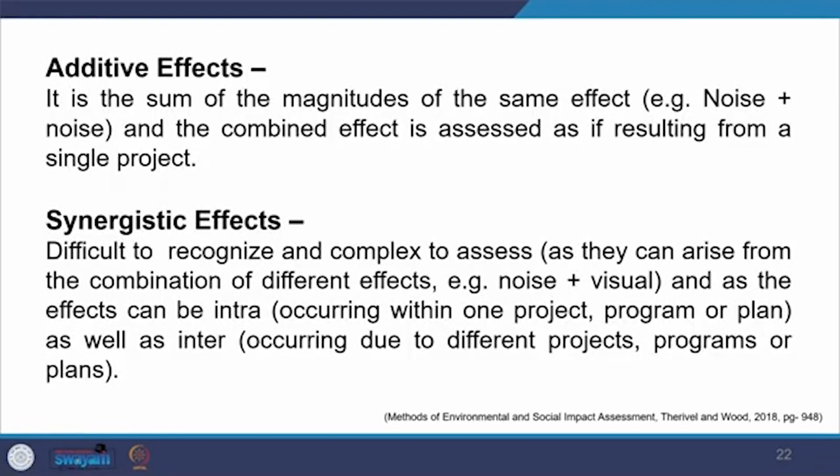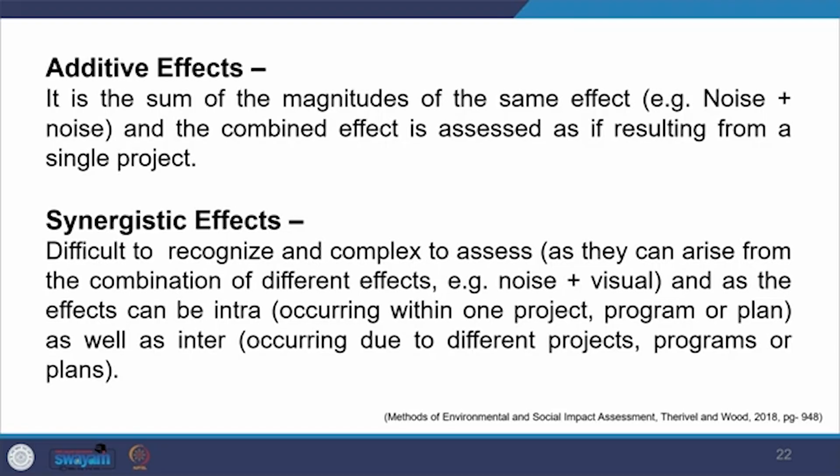Now looking at additive effects, you might pay attention here. It is the sum of magnitudes of the same effect. So when we say additive effects, if we are dealing with noise, in one particular context we are looking at noise coming from one source and noise coming from the other source.